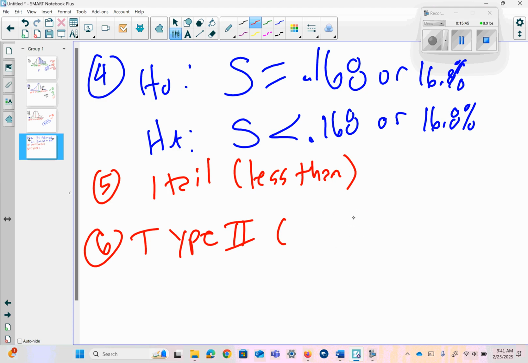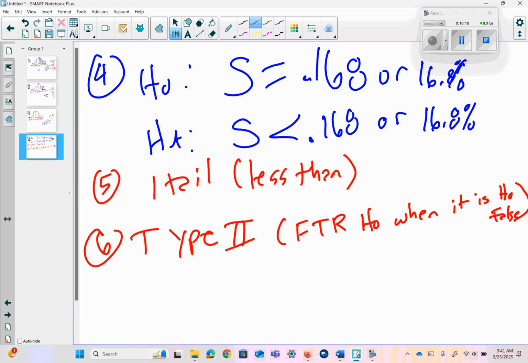No, type 2 is fail to reject the null when it is false. So they're concerned about a type 2 error here.